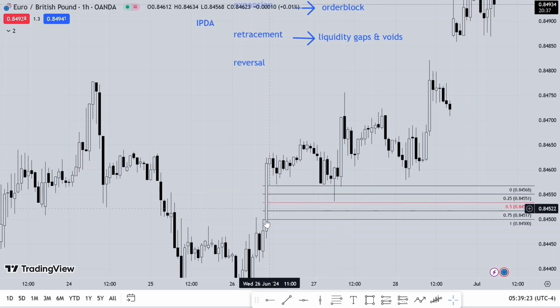So after this expansion leg higher, we had a retracement in price action, and price filled the first half of this imbalance here.